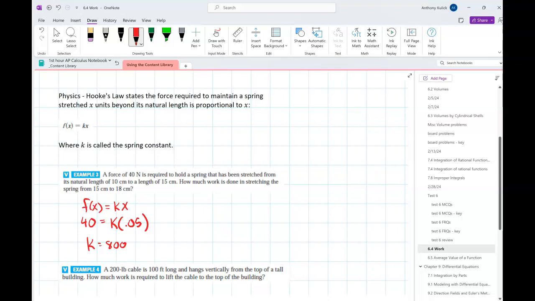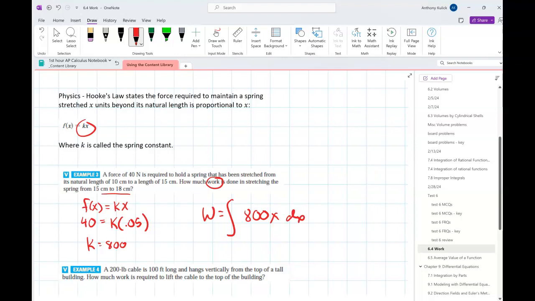Everybody feel okay now? So now we want the work done for stretching the spring from 15 to 18. So my force function is K times X. Everybody's okay there? And then what are the bounds?